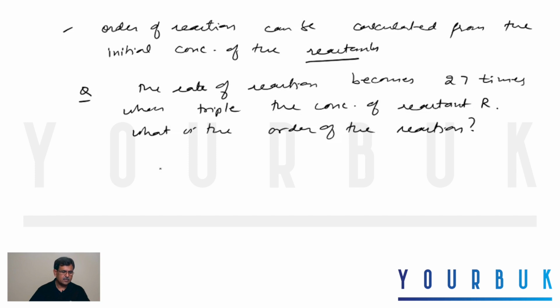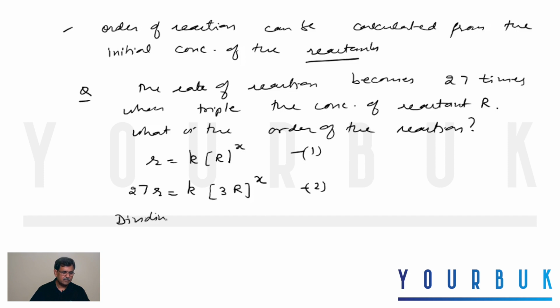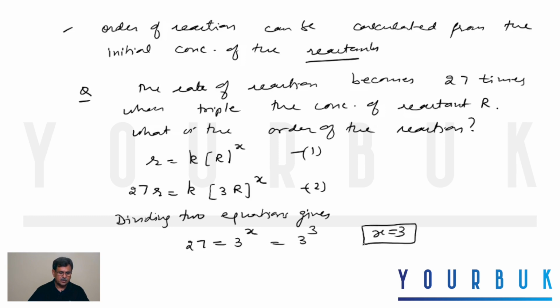So we assume that our rate equation is this: R is equal to K into R raised to power X. Now it states that the rate becomes 27 times, so we write 27 R when we triple the concentration of R. Now we divide these two equations, and dividing these two equations gives 27 equals 3 raised to power X equals 3 raised to power 3. So X is equal to 3. So it's a third order reaction.